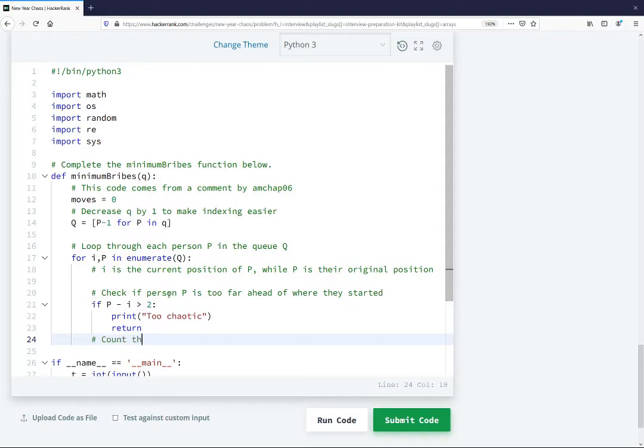So then count the number of bribes person P received.